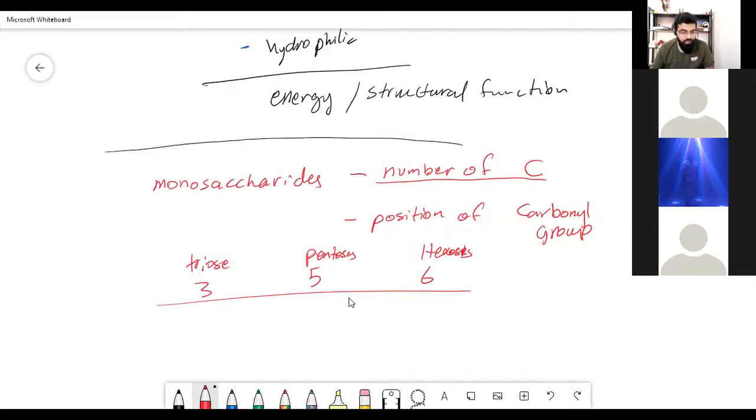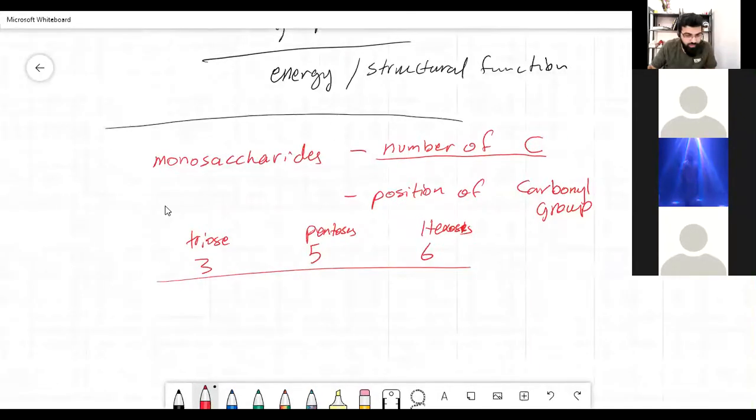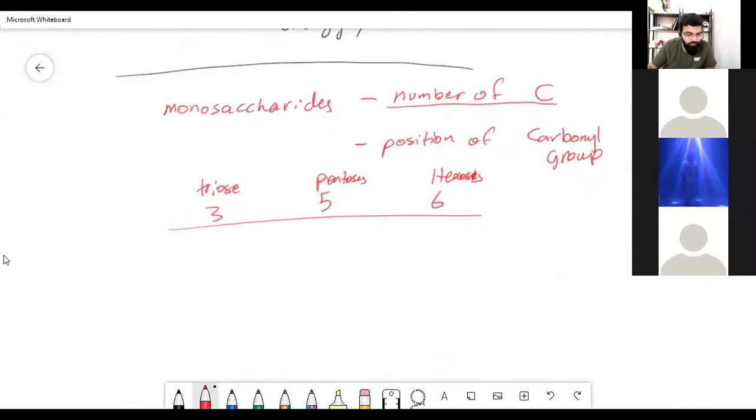Now, according to the position of the carbonyl group, we have two types. What are they? Aldoses and ketoses.